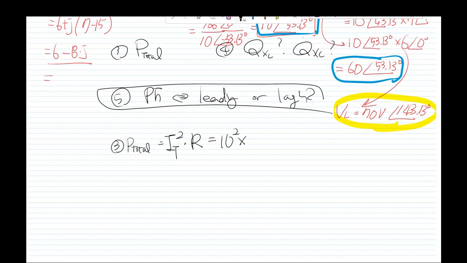So the answer is 600 watt. This is 600 watt. Okay.